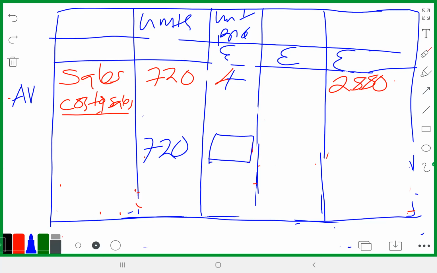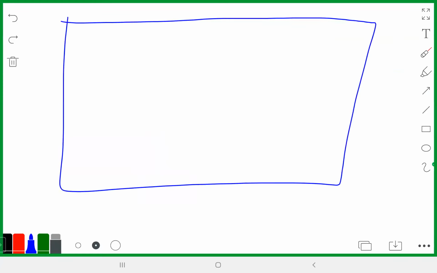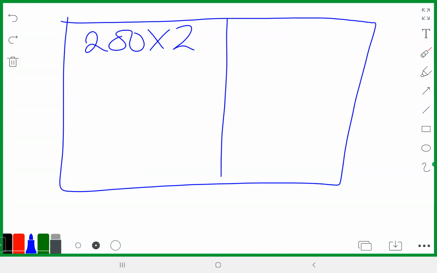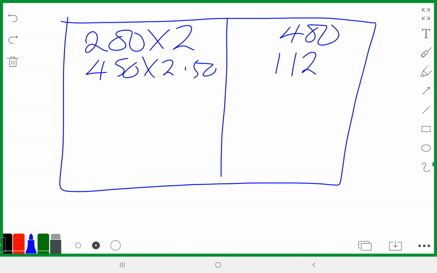So first of all, I show you how to come up with the average price. You have the units that you purchased. You purchased 200 units at 2 kwacha, that gave you 400. Then 450 times 2.50 gave you 1,125.